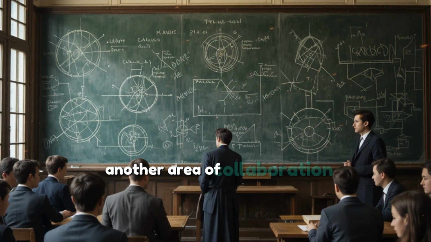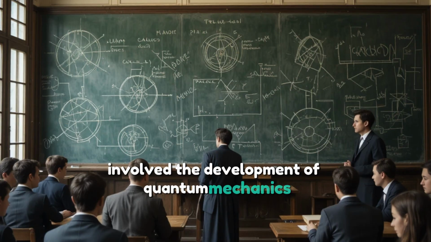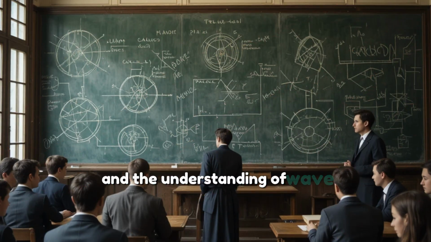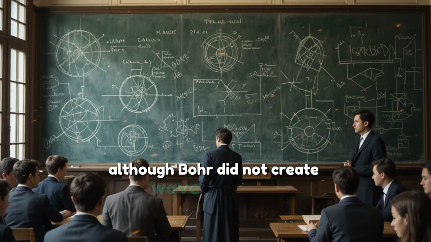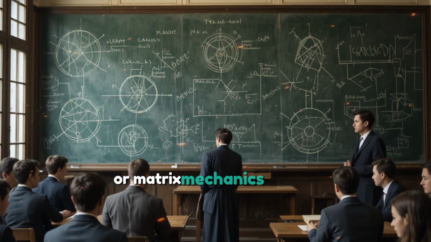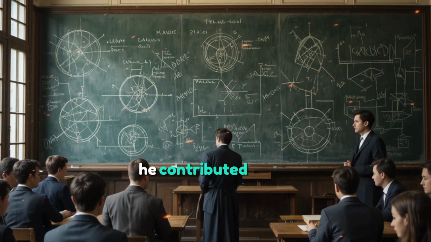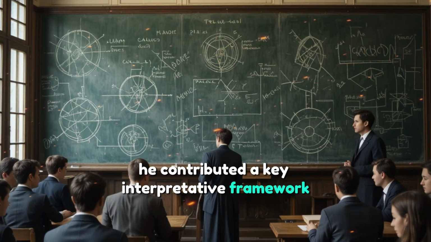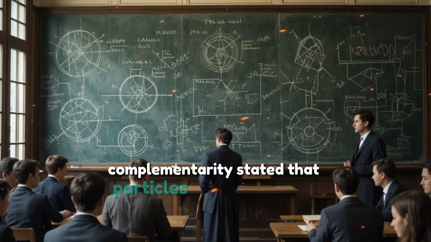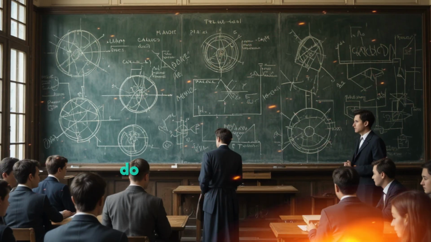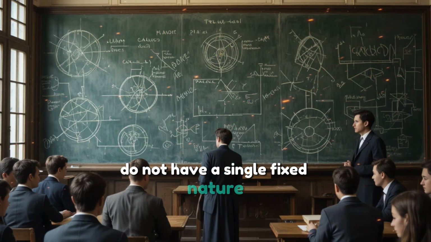Another area of collaboration for Bohr involved the development of quantum mechanics and the understanding of wave-particle duality. Although Bohr did not create wave mechanics or matrix mechanics himself, he contributed a key interpretive framework known as complementarity. Complementarity stated that particles such as electrons do not have a single, fixed nature.